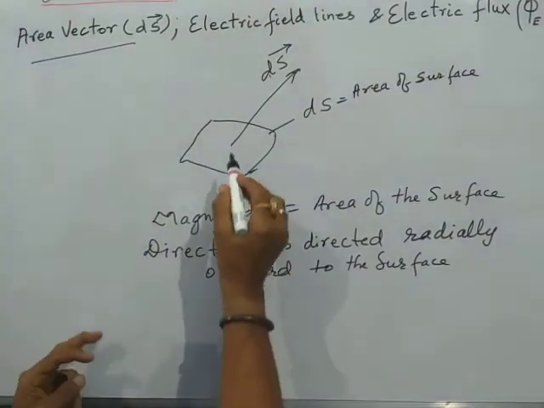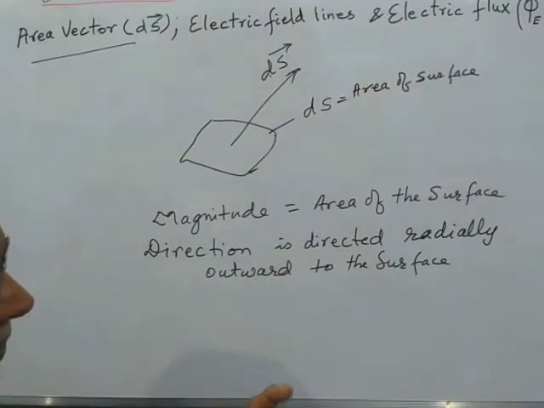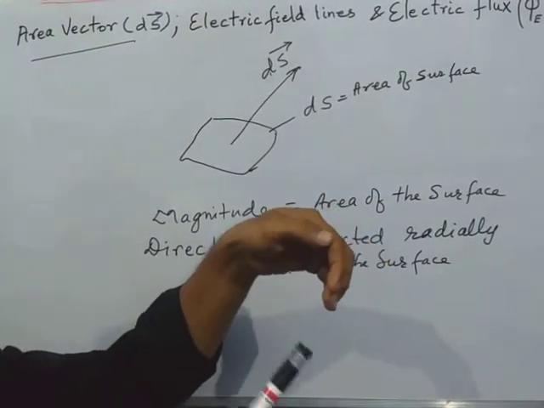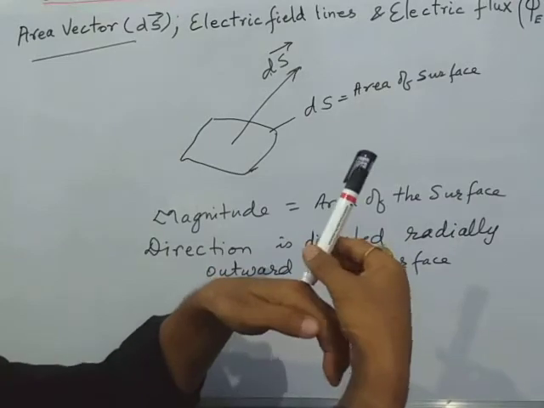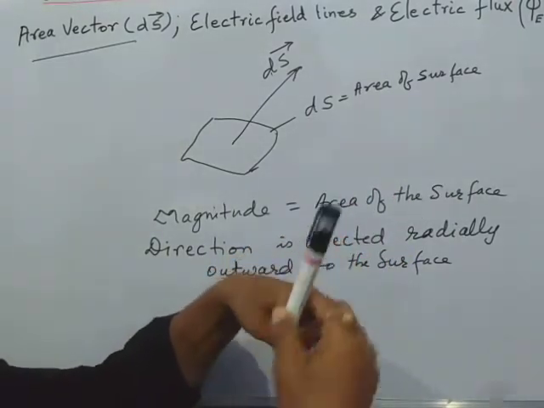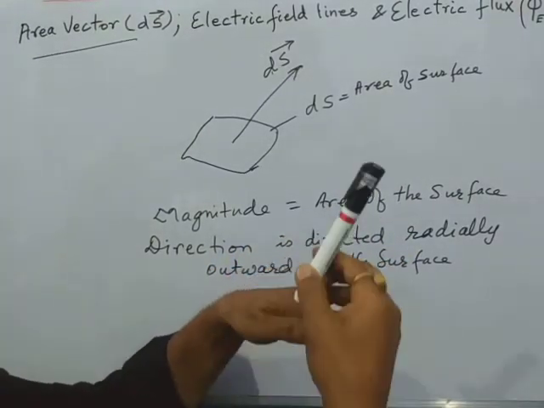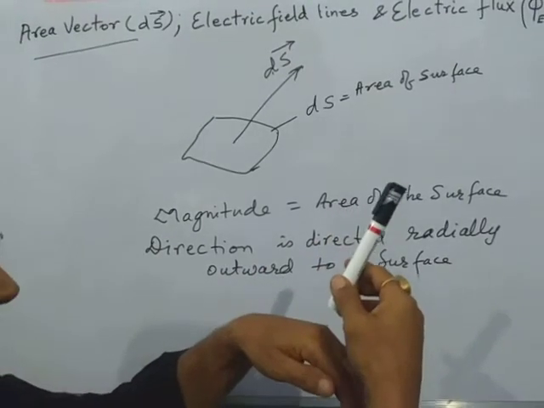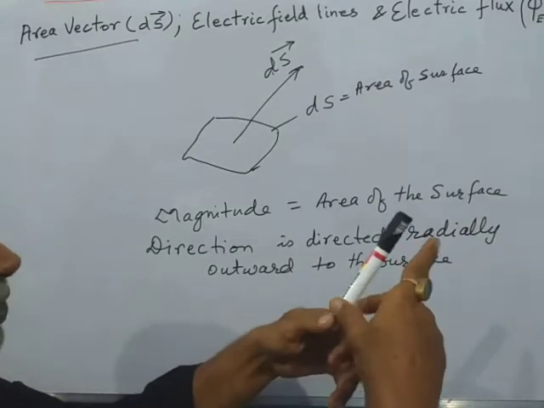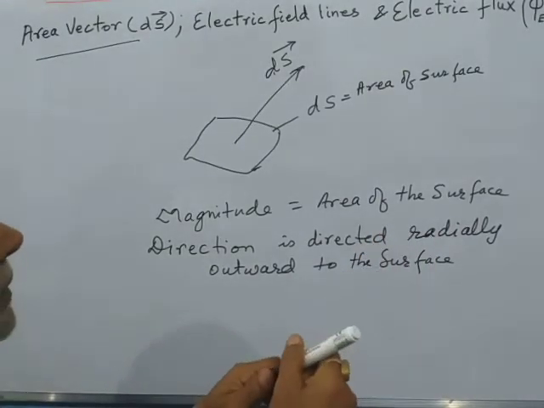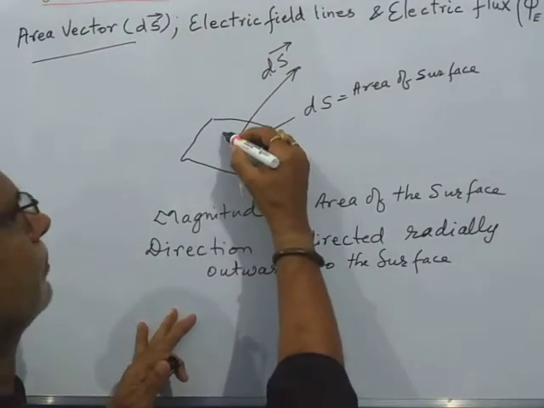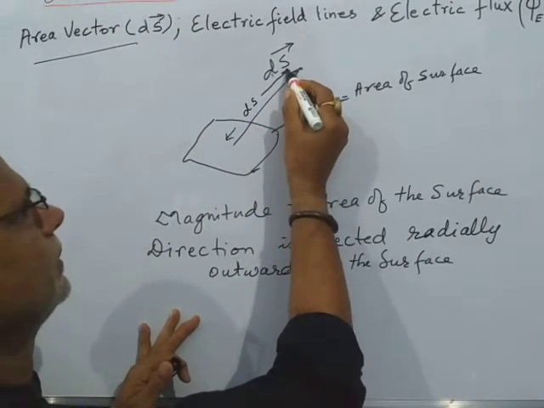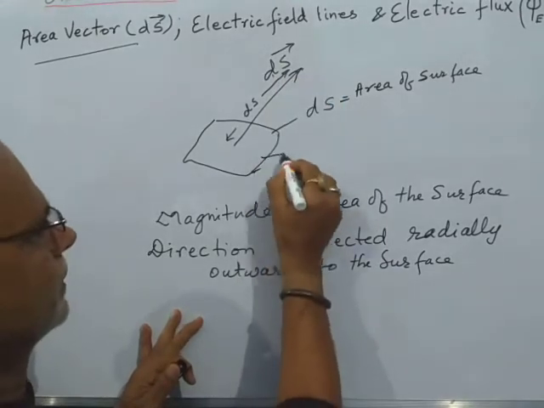So it means that, say for example, we have a surface area, say for example my curved hand, then the direction of area vector will be radially outward, meaning going away from the center of the curvature, so that means in this direction. And also the magnitude of the area vector will be equal to the magnitude of the area itself of the surface.